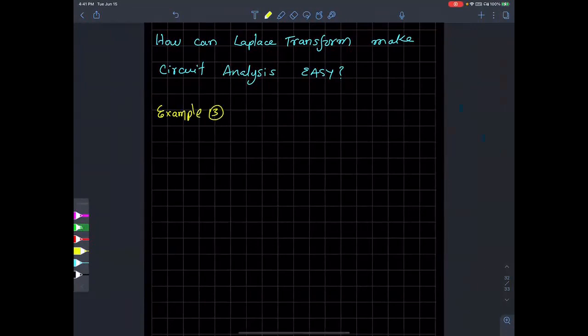The third example of the day that we are going to look at is a circuit analysis problem in RLC components in frequency domain. Okay, let's say I have a circuit that has an inductor, a resistor, and a capacitor.